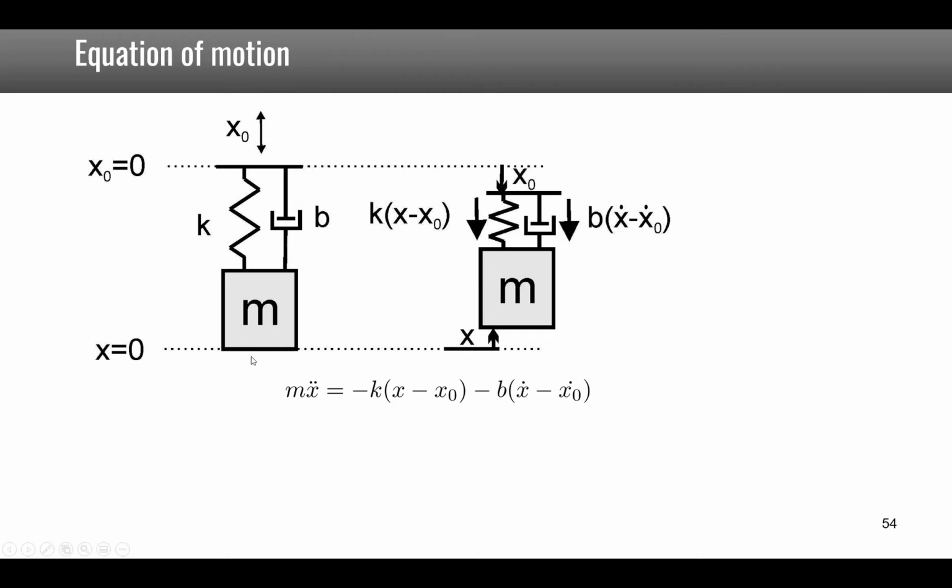So we have the mass times the acceleration, which is equal to the sum of forces, but now the sum of forces are proportional to the compression of the spring, which is given by x minus x0, and the relative velocity between the support and the mass, which is x dot minus x dot 0.